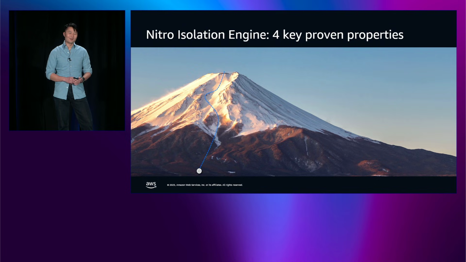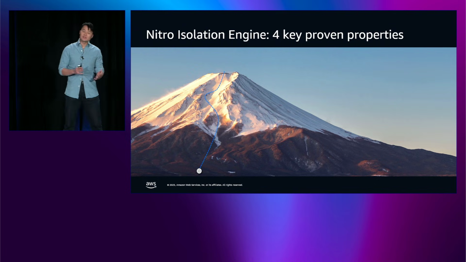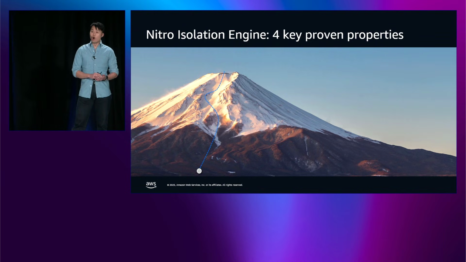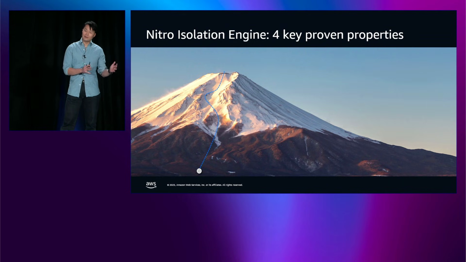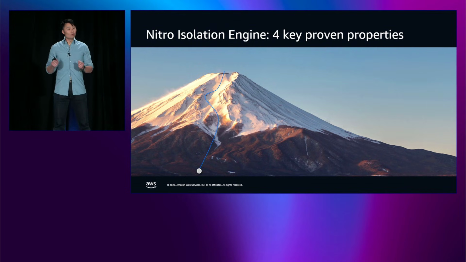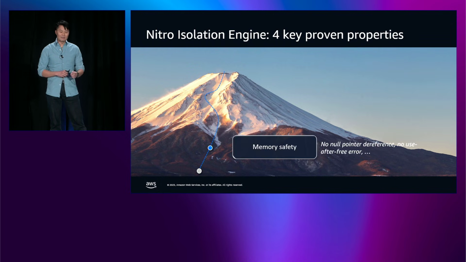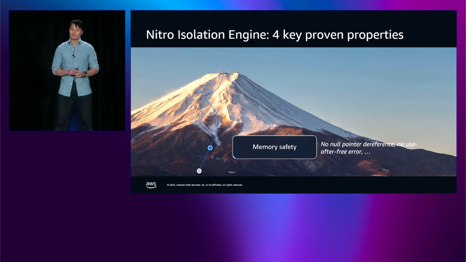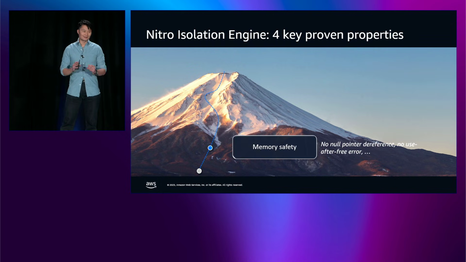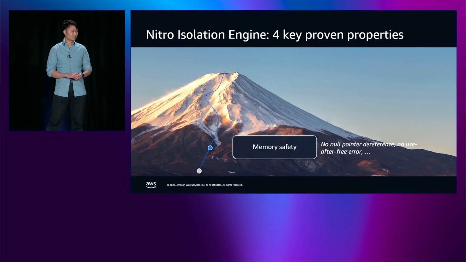But we can climb further, because the memory safety guarantees of Rust only apply to the safe subset. And like other systems code, we need to use unsafe code to implement low-level features, such as custom memory allocators. So we begin by proving the memory safety of both safe and unsafe Rust code.